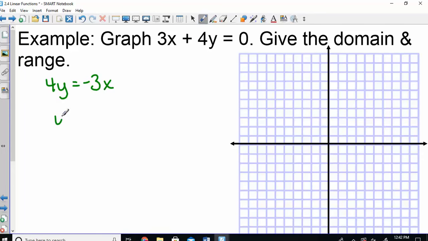Then to get the y by itself, you have to divide by 4. So we get y equals -3/4 x. If I don't have a y-intercept on there, what is it? 0. So my y-intercept is 0. Slope is -3/4, so you can either go up 3 and backwards 4, or down 3 and right 4.